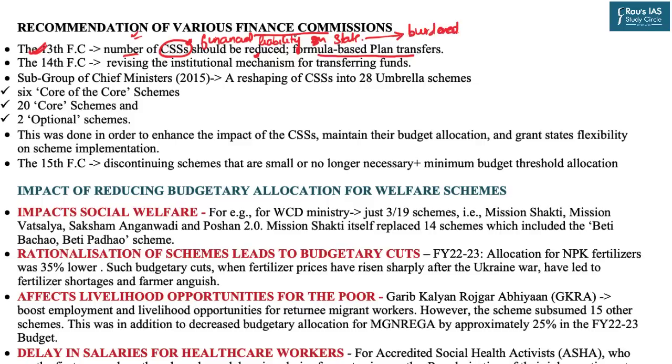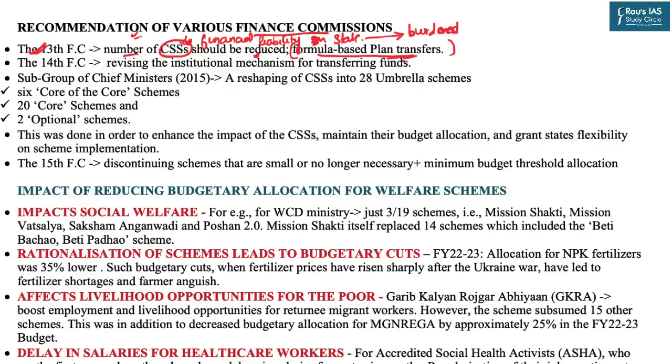So that is why the number of centrally sponsored schemes should be reduced, but then there should be formula based planned transfers, that the central government must come up with a certain formula, again evidence based logic. So there should be a certain formula on the basis of which the funds should be transferred to the state governments.